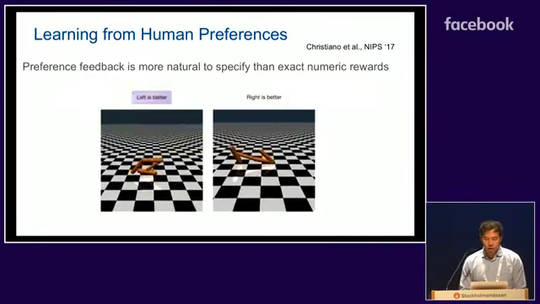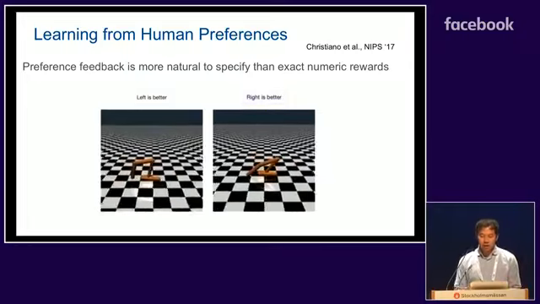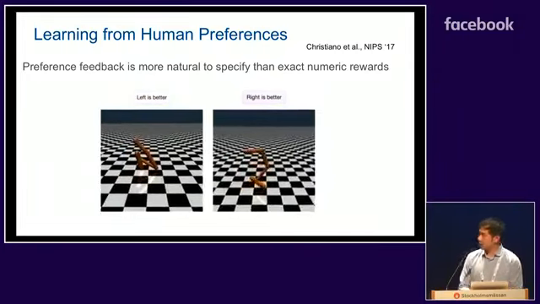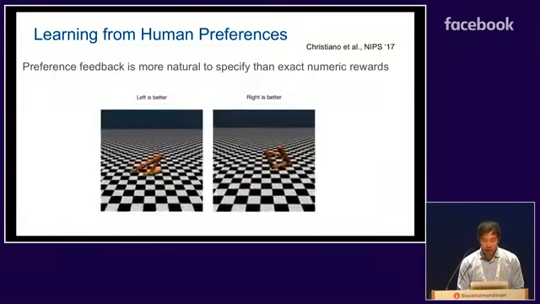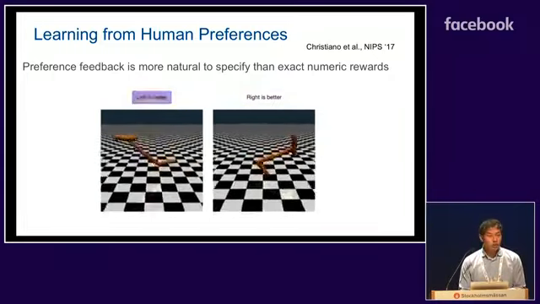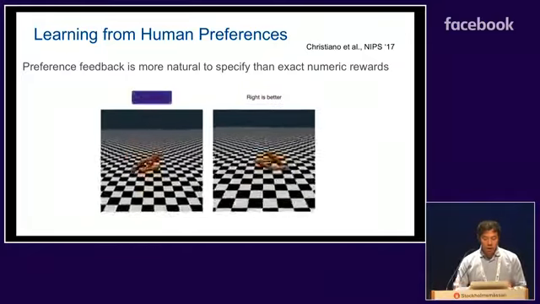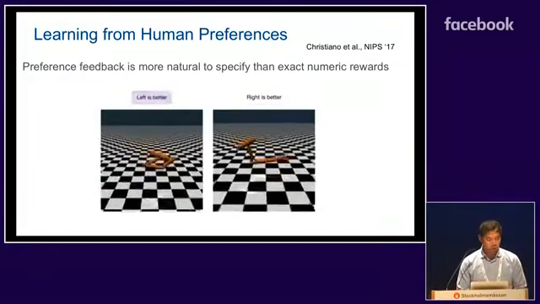Another example of learning from weak feedback is the work on learning from human preferences from Christiano et al. in NIPS 17. Again, here we want to teach useful behavior to the learning agent without requiring so much effort from the human teachers.